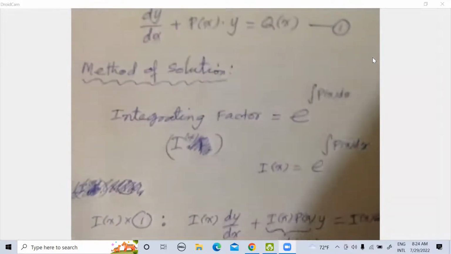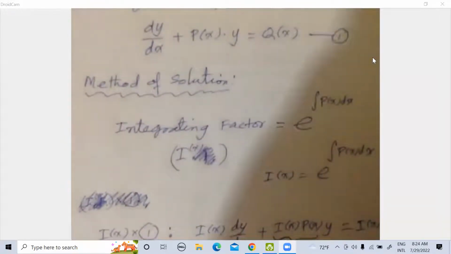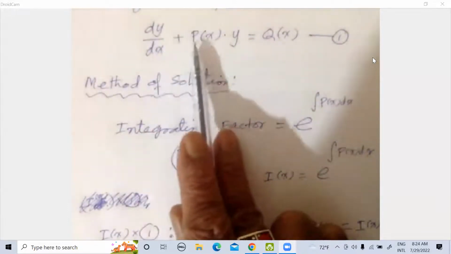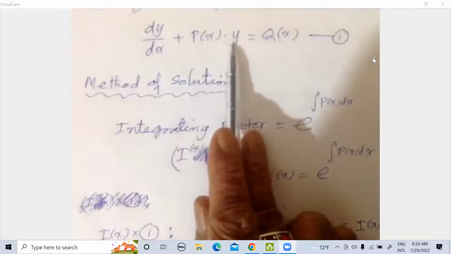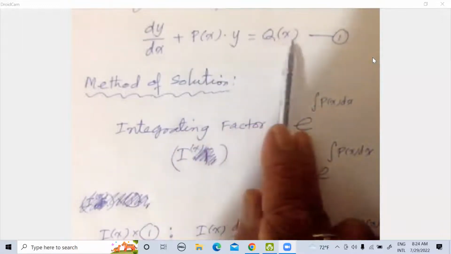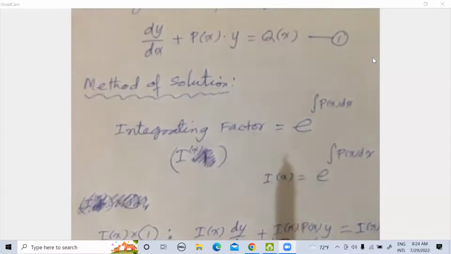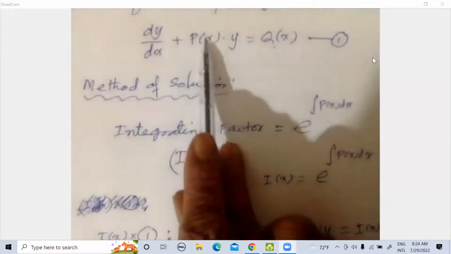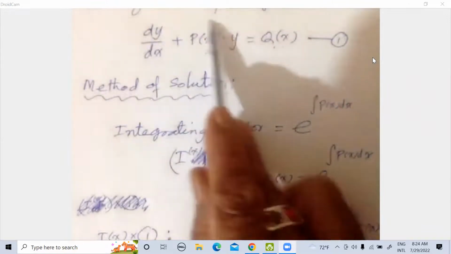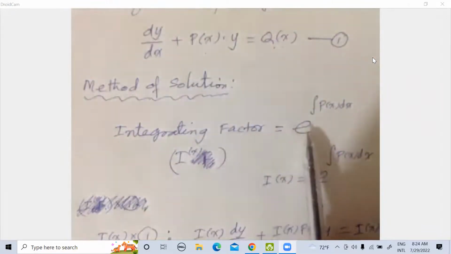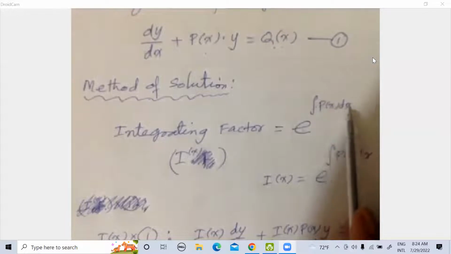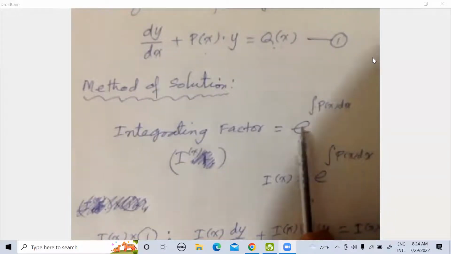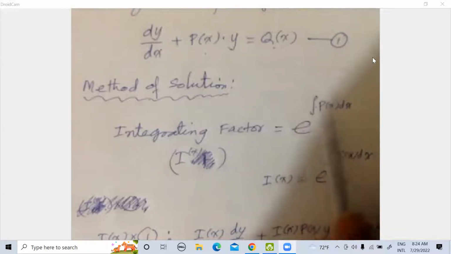Again, review the theory. If an equation is of this form, dy over dx plus a function of x times y equals a function of x, where p and q are like f of x, g of x. First, go to this piece and form the integrating factor, e to the integral p of x dx.